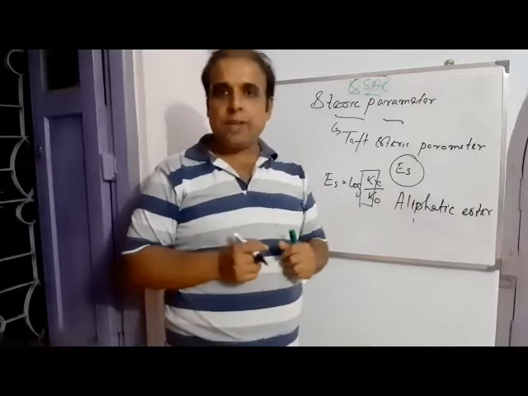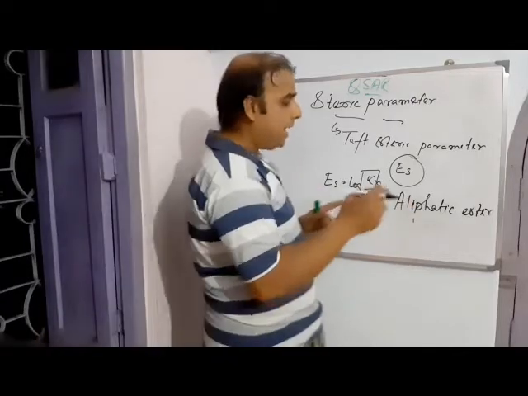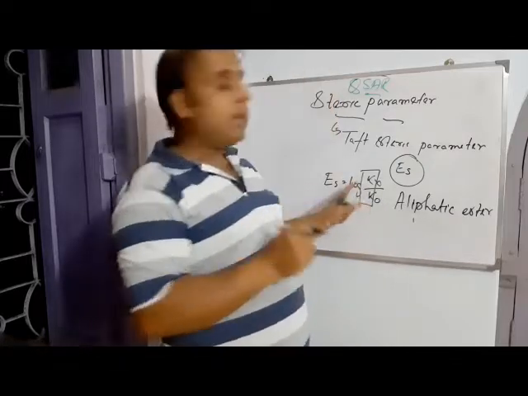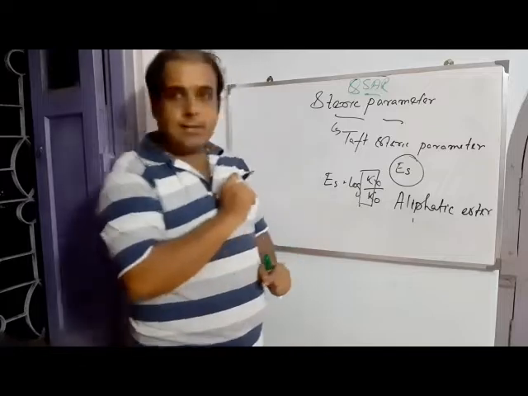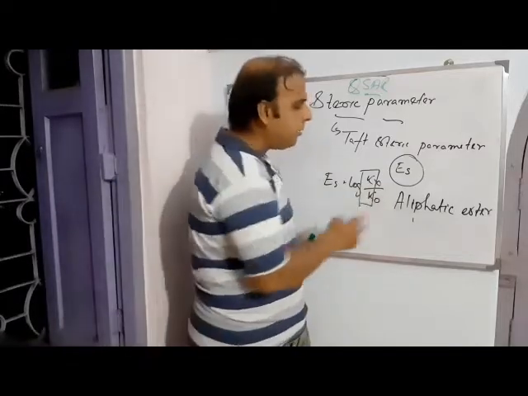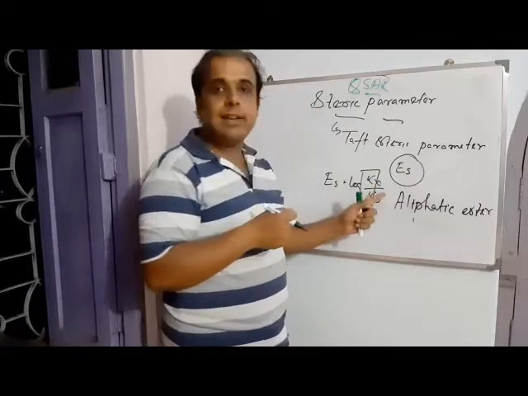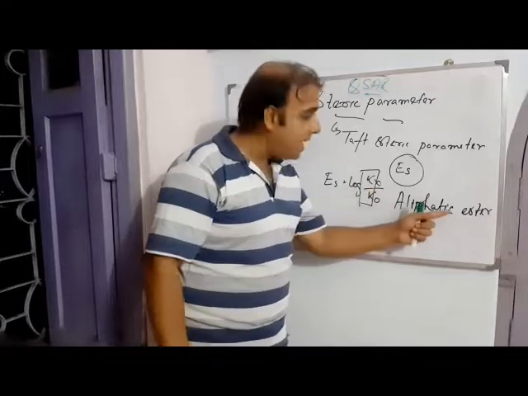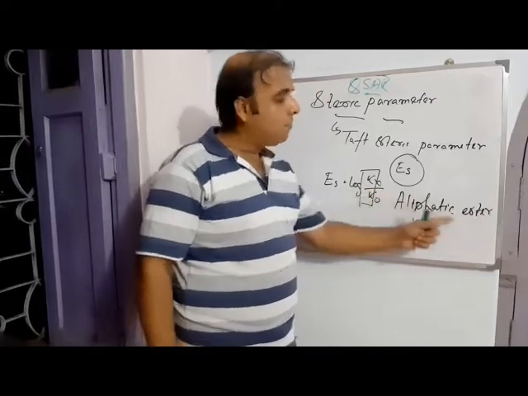We plug in the values for the standard as well as for the test, and we can get the value of Es. So Es can be positive or negative, depending on the values we get for these two things, like Kx, the rate constant for the substituted ester, and the rate constant for the aliphatic ester.